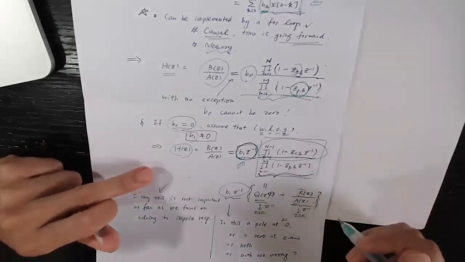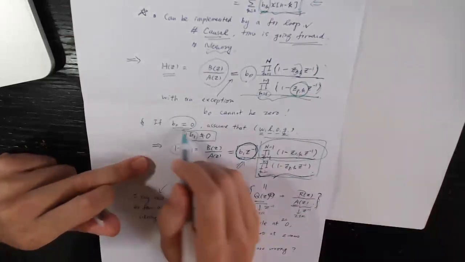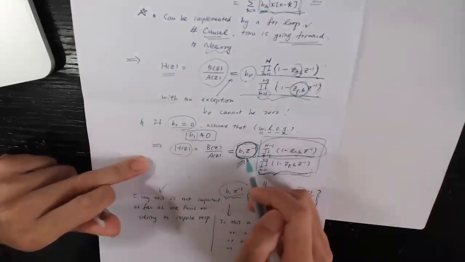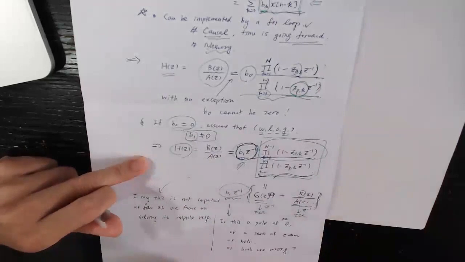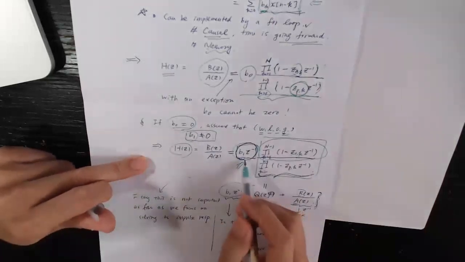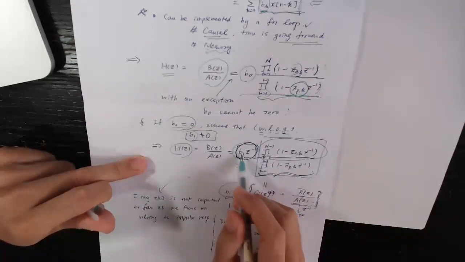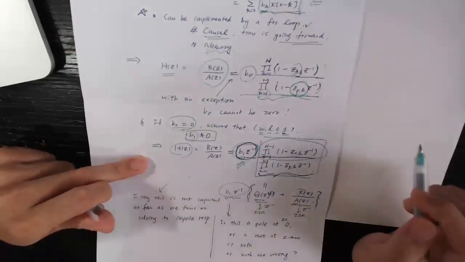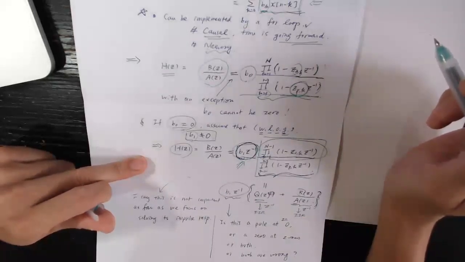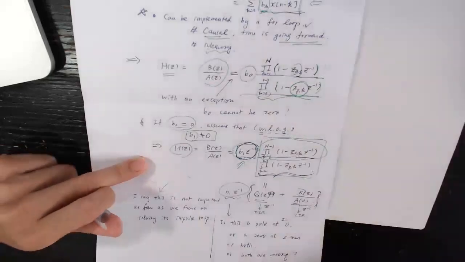But now let me ask a question: if the leading coefficient is 0, then we have a corresponding term b1 z inverse coming up right here. What does that mean? Due to the presence of b1 z inverse, can we say that we have a pole at 0 or a zero at infinity? That's the question.